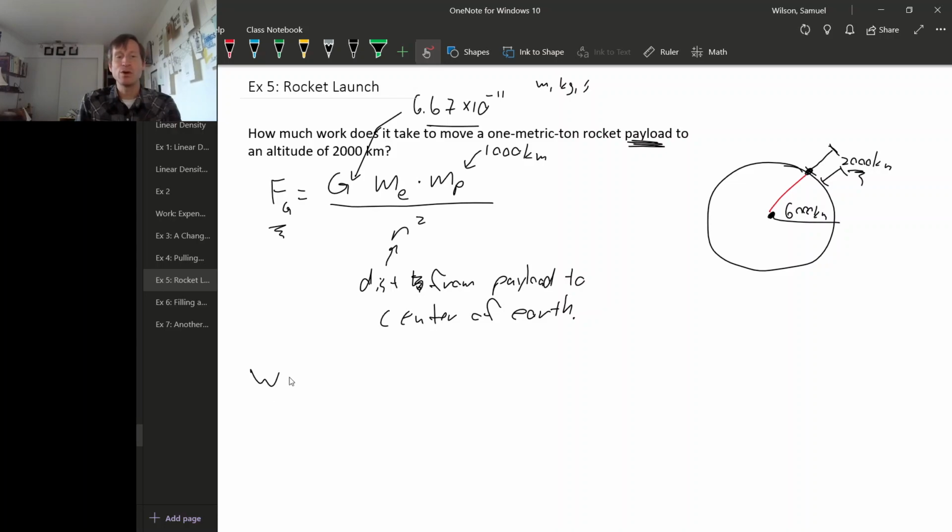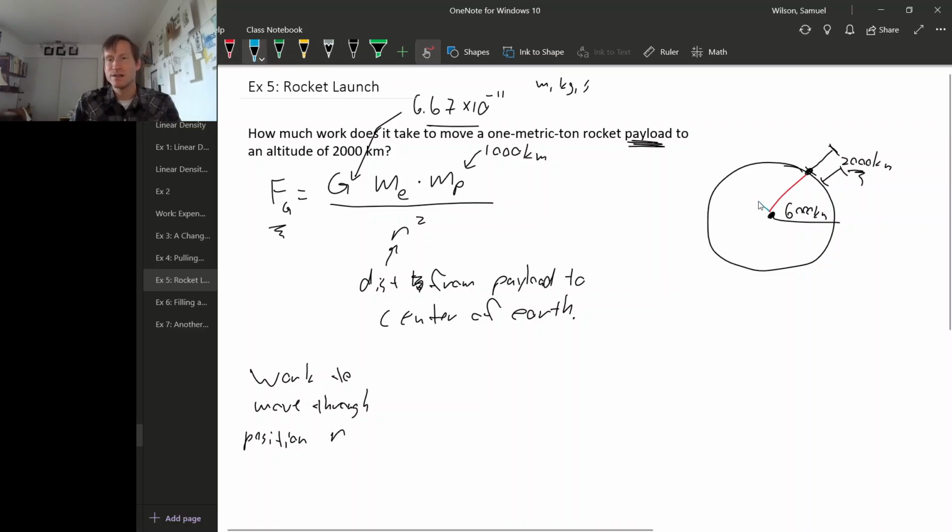So let's find the work to move through position x, or I guess r is our variable here, so let's call it r. So r is the distance from wherever we're at down to the center of the Earth.